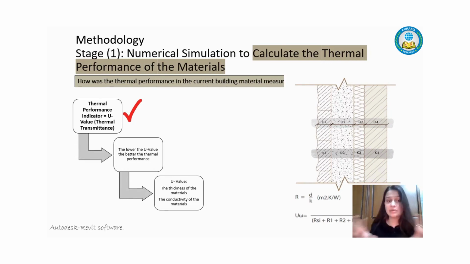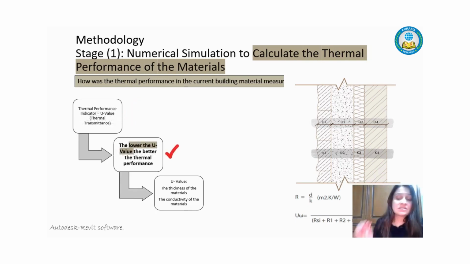In a very simple manner, this stage mainly depends on measuring the U value. As I said before, in a very general manner, the lower the U value is, the better the thermal performance there is. So what does the U value depend on?